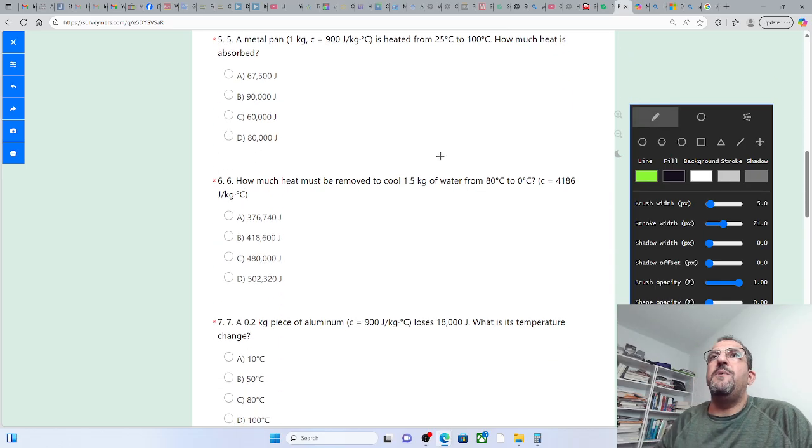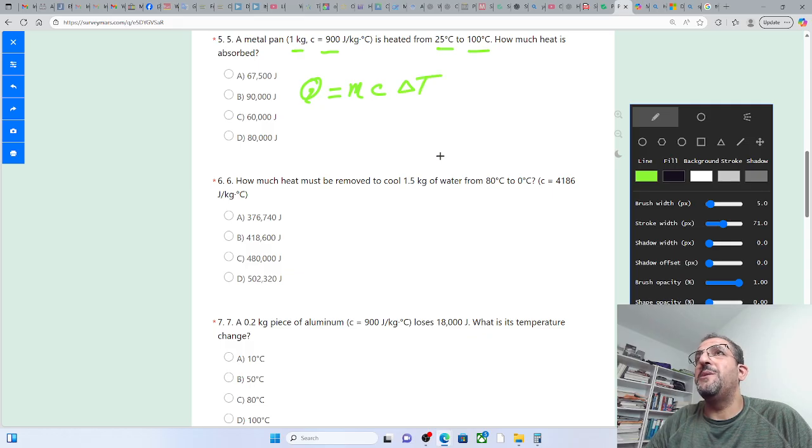Now for number 5, another problem to practice. We have a metal pan, 1 kilogram, specific heat 900, heated from 25 to 100, so how much heat is absorbed? So we always do Q is equal to mass times specific heat times change in temperature.